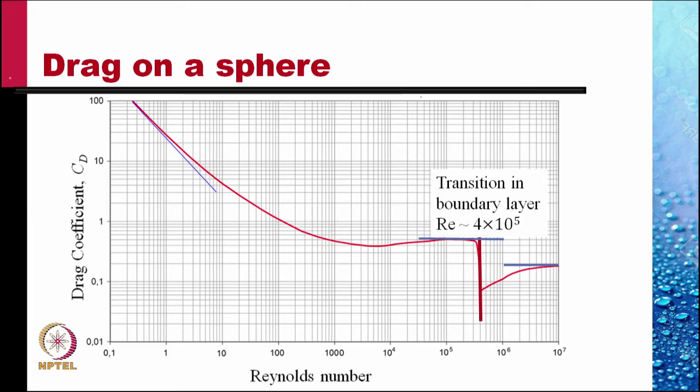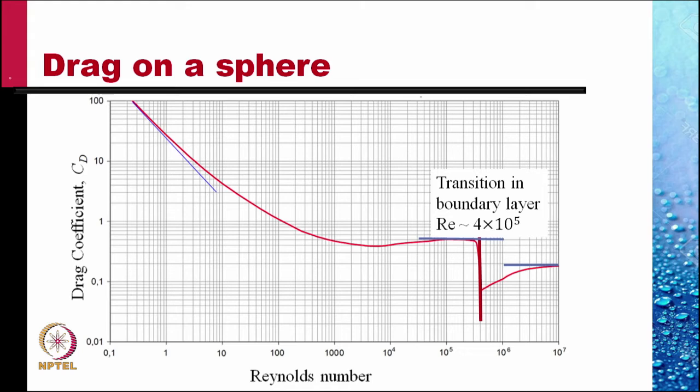This decrease, as we already know, is because of transition in the boundary layer at about Reynolds number 4 into 10 to the power 5 on a sphere. The boundary layer becomes turbulent, and so it separates later from the body. The wake behind the sphere is narrower.